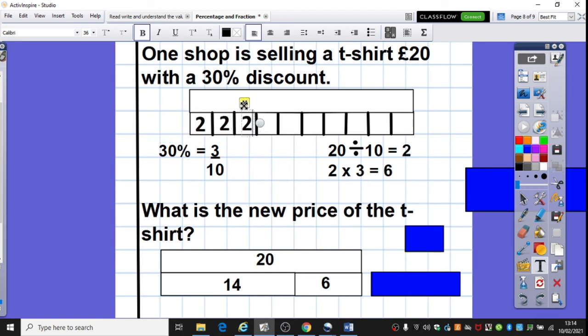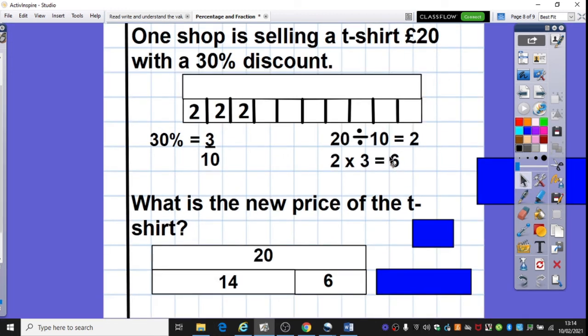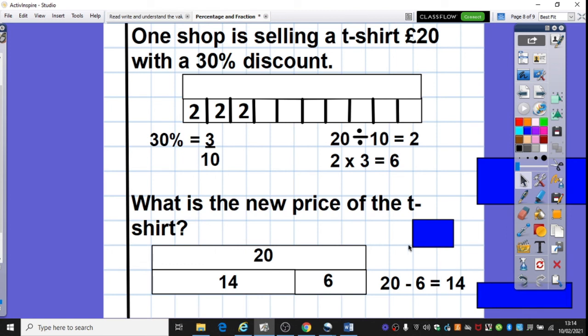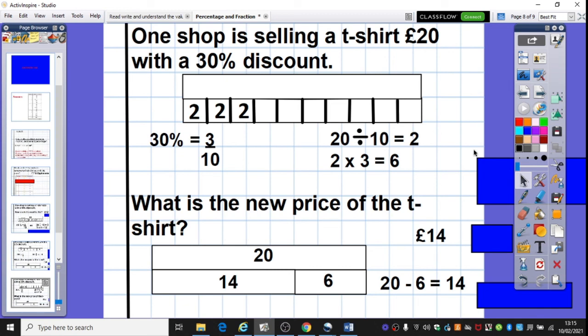So what I need to do is multiply my 2 by 3, and that gives me 6. So the discount of the t-shirt is going to be £6. Some of you may then have this next step. What is the new price of the t-shirt? So if the price of the t-shirt was £20, we now know we've got this £6 discount. Take that £6 away from 20, and the answer is 14. So the price of the t-shirt is going to be £14.